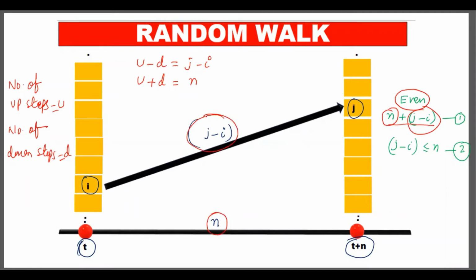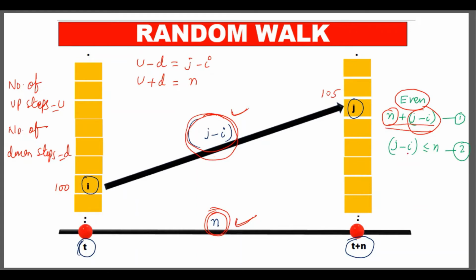J minus I is the increment. If I am at 100 and I need to reach 105, my increment is 5. So here my increment is J minus I. J minus I and N, their parities are same. If N is even, this one must be even. If N is odd, this must be odd. So you can say N plus J minus I is always even. Odd plus odd is even, even plus even is even.